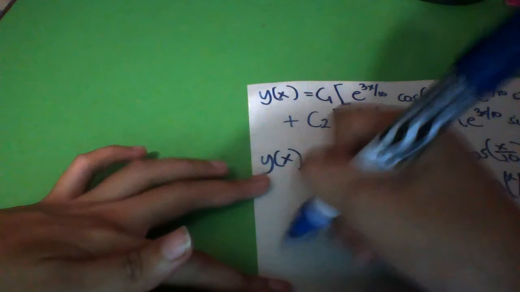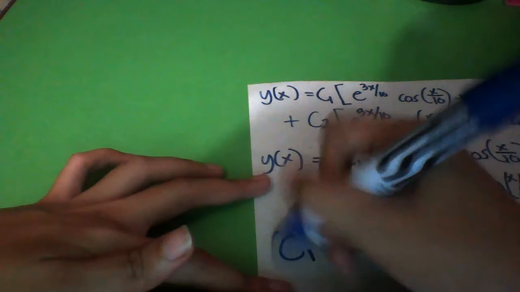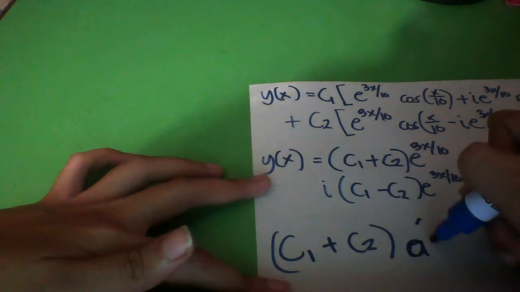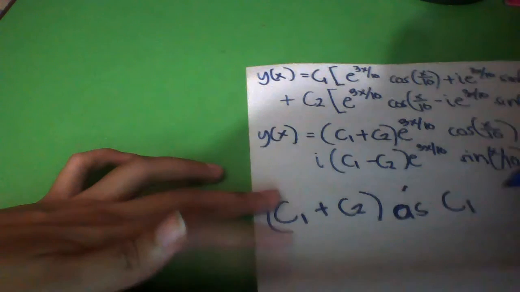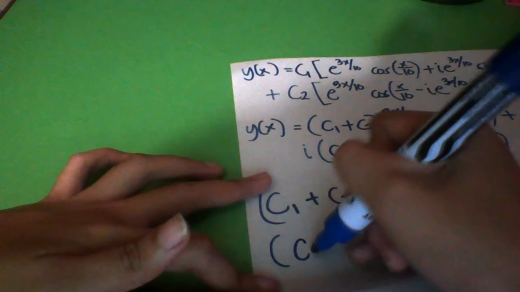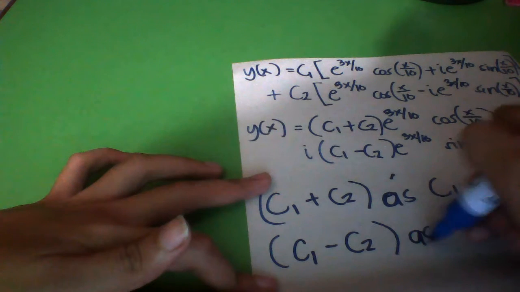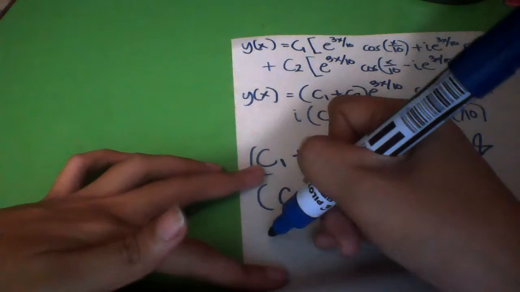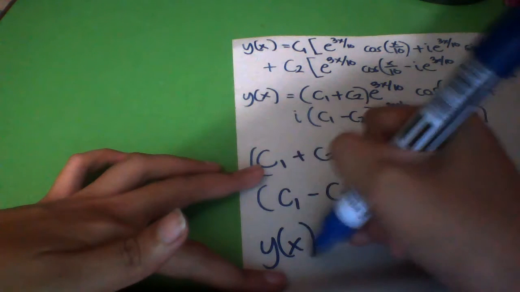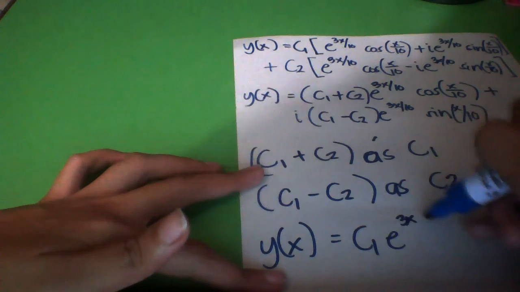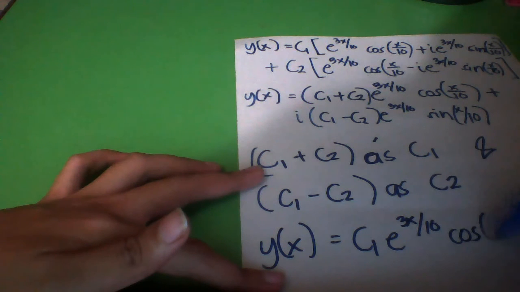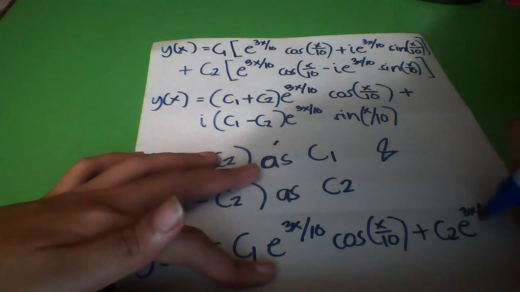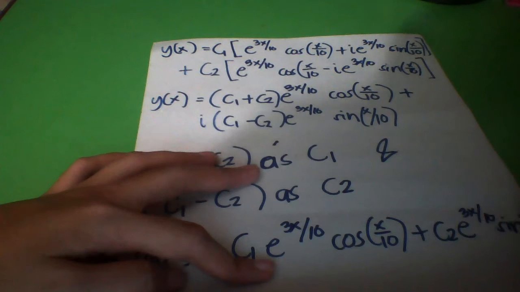By redefining, c1 plus c2 as c1 and i times (c1 minus c2) as c2, y of x is just equal to c1 e to the 3x over 10 cosine x over 10 plus c2 e to the 3x over 10 sine x over 10.